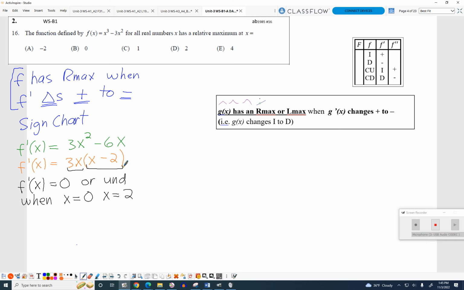Nicholas, what would you have me do next? Okay, let's go to Wesley. What would we do next? Then we do 3x equals 0 and then x minus 2 equals 0 to try and find the values.